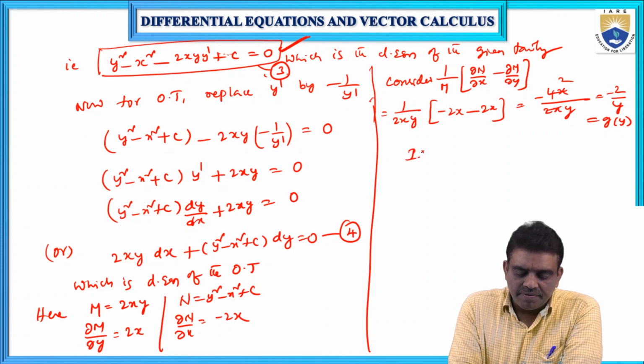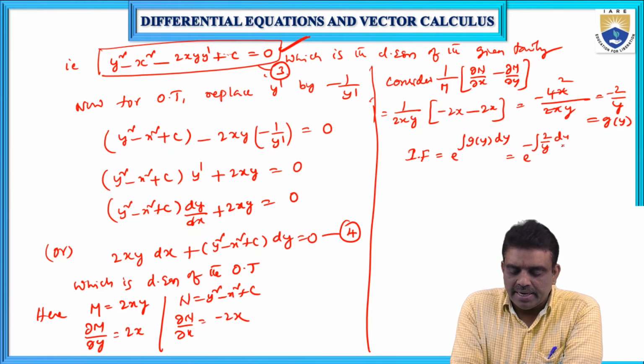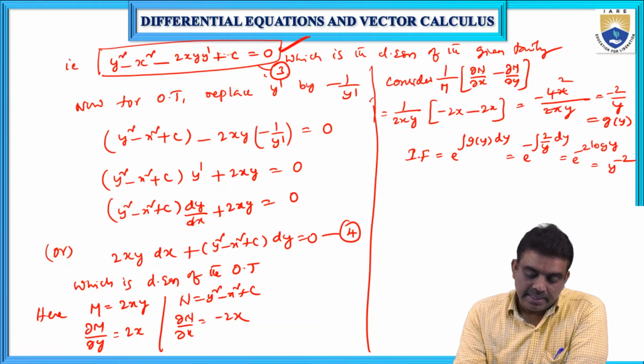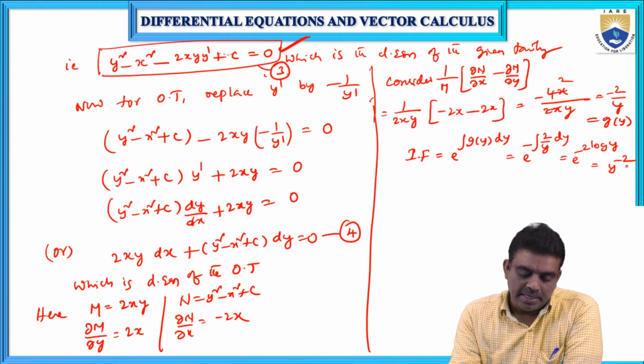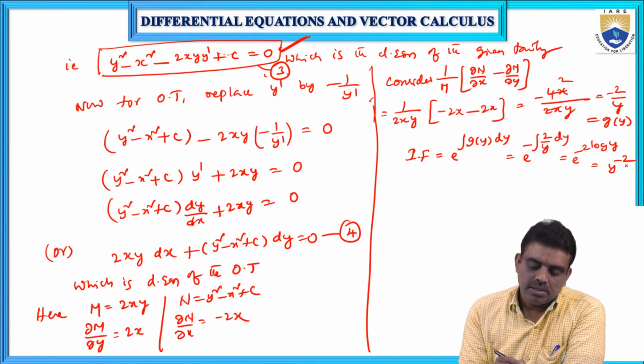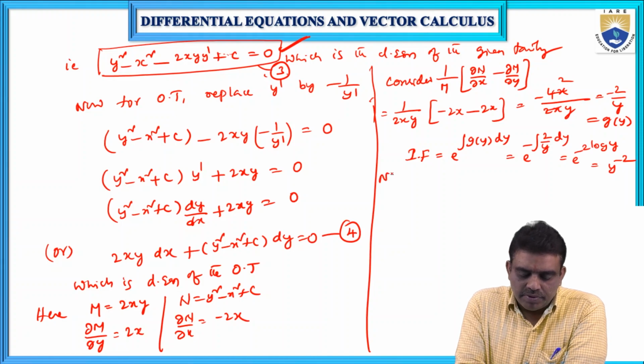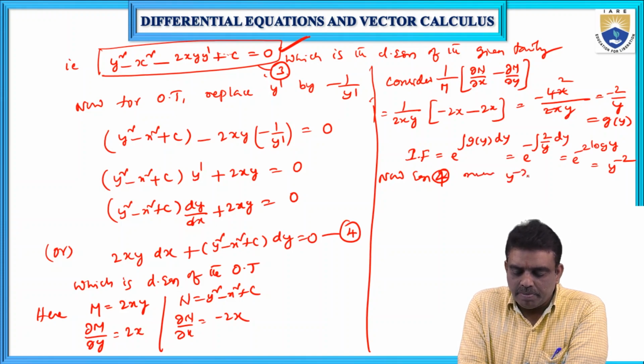Then what is the integrating factor? e power integral g of y dy, that is e power integral minus 2 by y dy, that is e power minus 2 log y, or y power minus 2. So, after getting this integrating factor, we multiply equation 4 with y power minus 2.